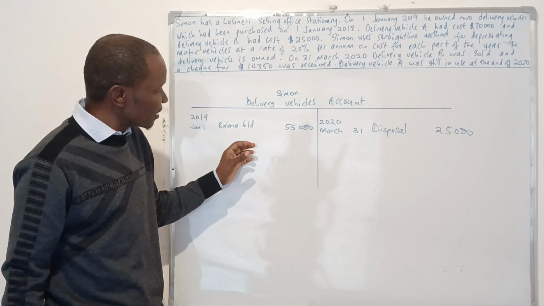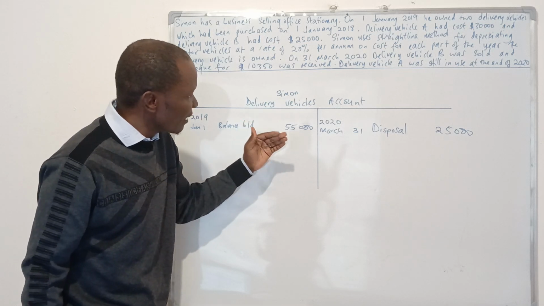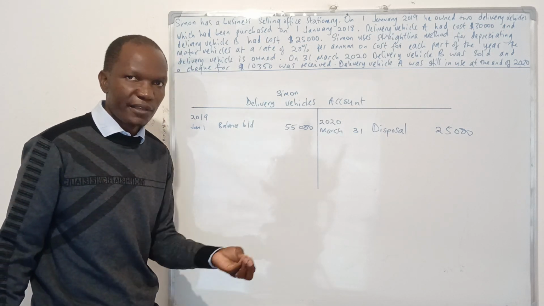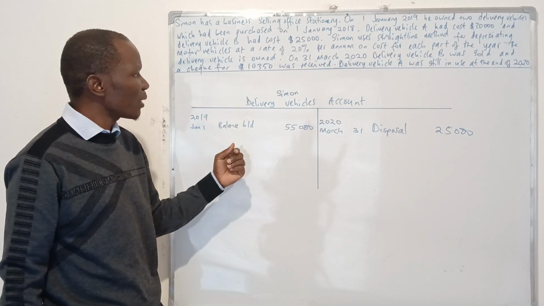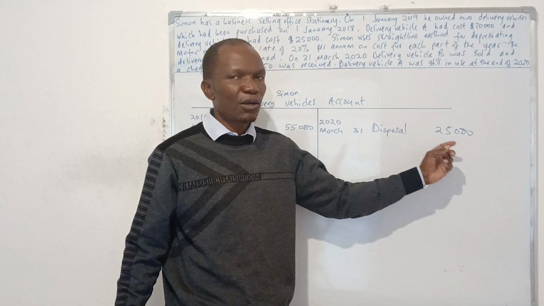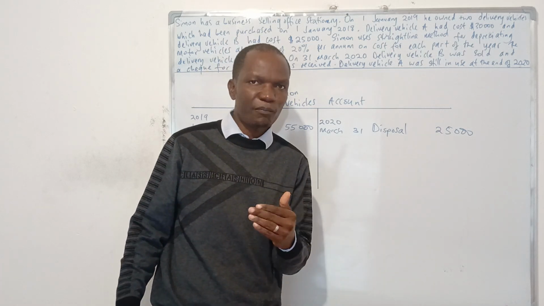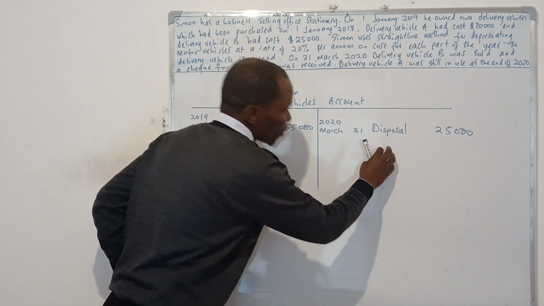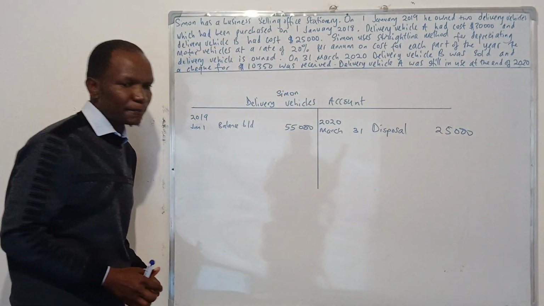We actually credit our delivery vehicles account at the cost of the delivery vehicle, not the amount we received. That's why you see here we didn't put 10,350, we put 25,000 because we record it at cost. So we credit it on 31 March 2020 disposal, 25 thousand.